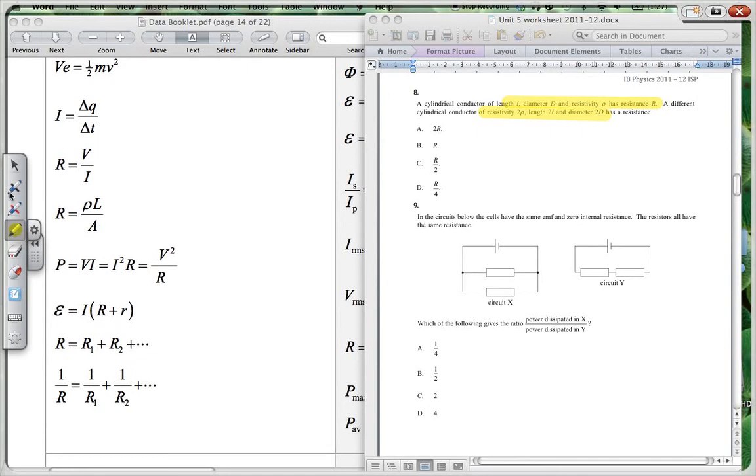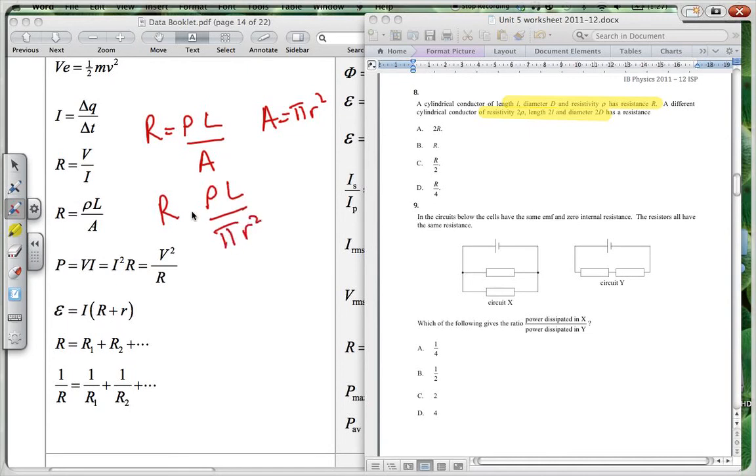Okay, so we have this formula that R is equal to rho L over the area. But remember, this area is equal to pi r squared. So I could write this as rho L over pi r squared. That may be better. So in the first one, that's our resistance. Now what about the second one?